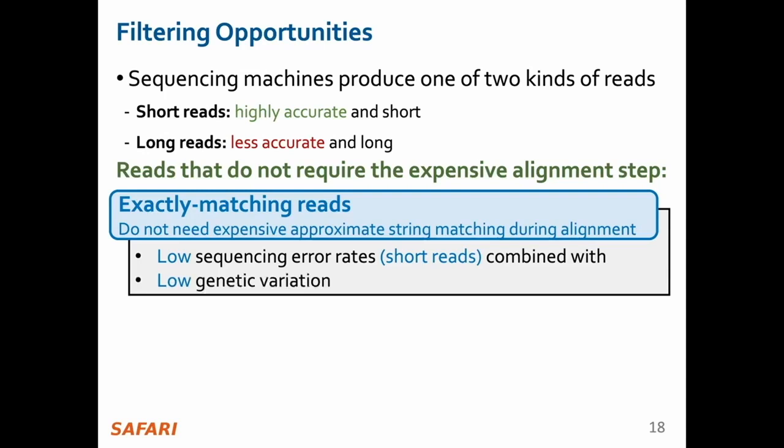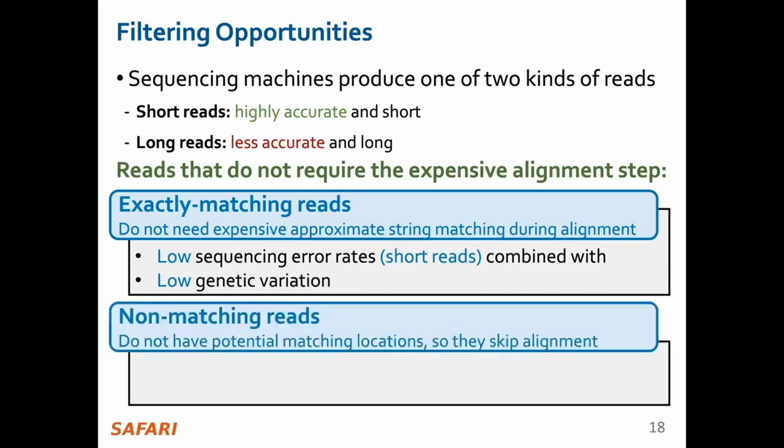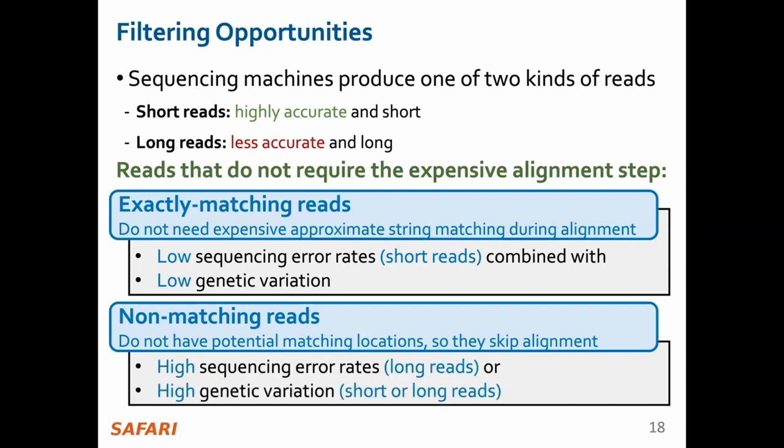have low genetic variation. The second class of reads that can be filtered simply are non-matching reads that do not have any potential matching locations, and they can skip alignment. Examples of these frequently happen with high sequencing error rates, such as long reads, or short reads that have a high degree of genetic variation.